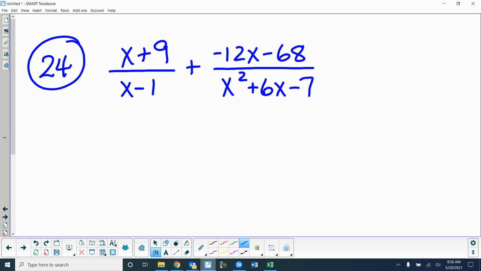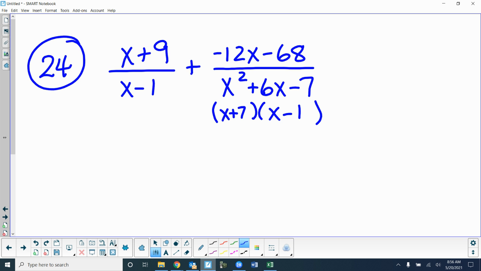All right, so the first denominator won't factor, but the second one does. What are the factors of -7 that add up to +6? +7 and -1. A lot of times when you do these, the one you can't factor is one of the factors of the other one.